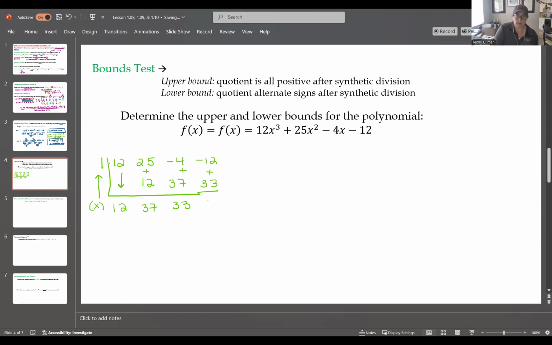Add that up, and I get 21. I don't care what those numbers are. What I care about is if they are positive or if they alternate. So I have positive 12, positive 37, positive 33, and positive 21. This tells me that 1 is the upper bound.